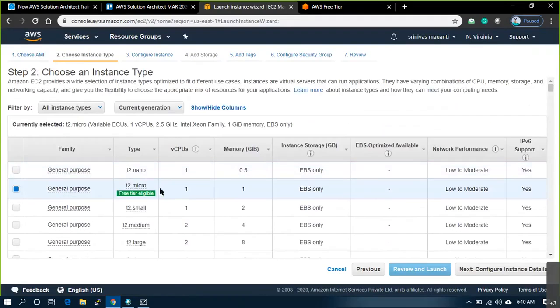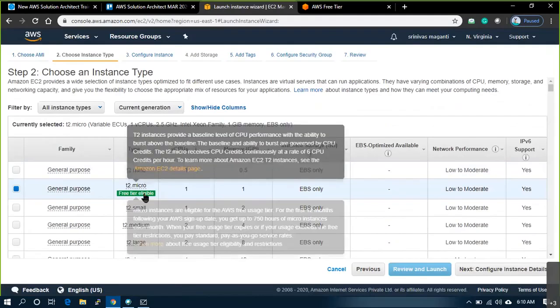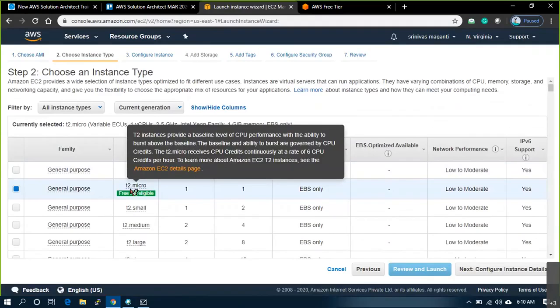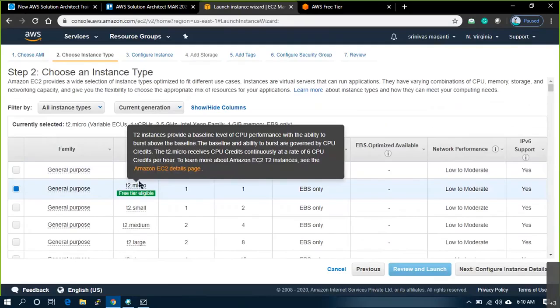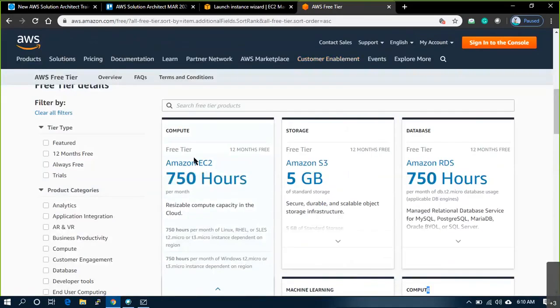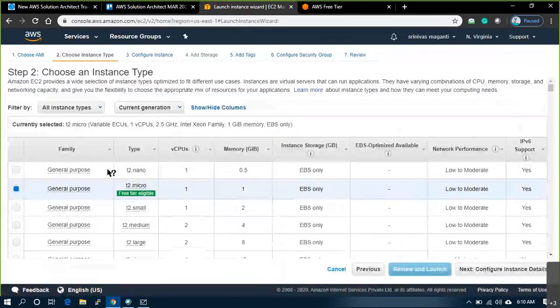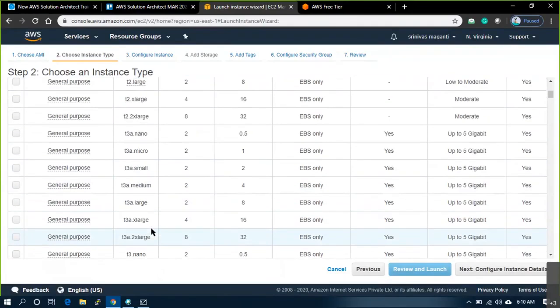But for your account, for anyone who enrolls for the free tier for 12 months, this instance is free for 12 months. If you deploy one server with this size, T2 micro, and you leave it for 12 months, it is free. That is what it means. T2 micro or T3 micro. Okay, if you look here, T2 micro, there is no T3 micro here, right?